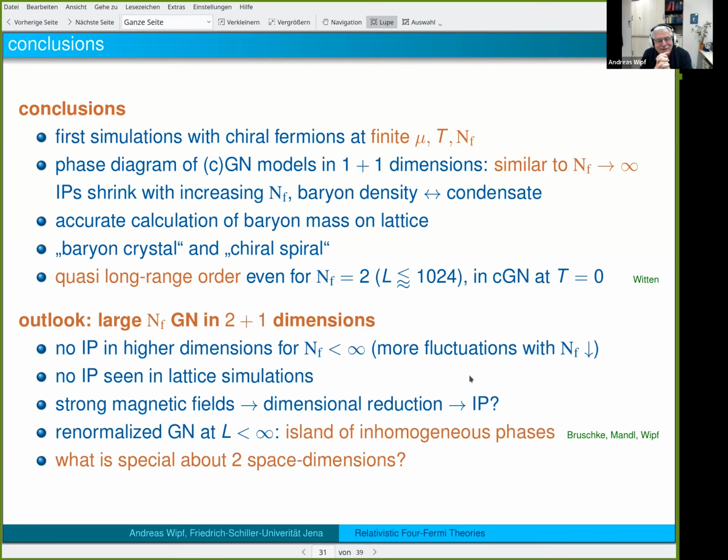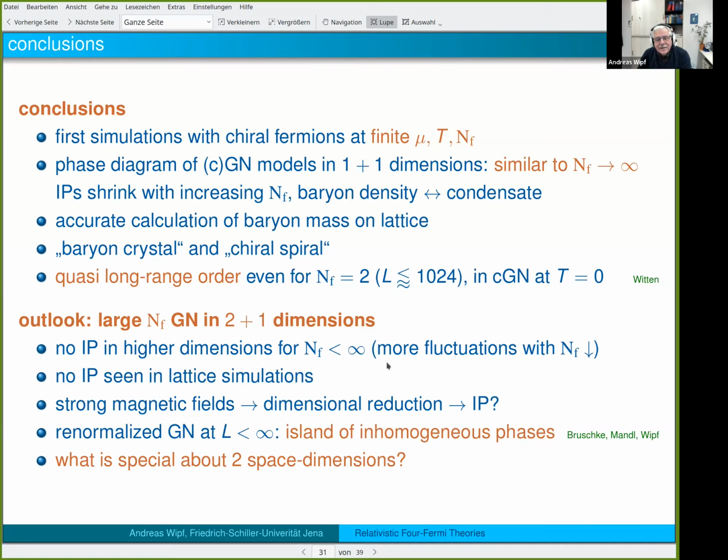That's exactly the dimensions where the inhomogeneous structures go away. There must be something like a generalized Peierls argument, which, as far as I know, is only valid in 1+1 dimensions. This beautiful argument about the Fermi surface, but we just really don't know why 2 space dimensions is so special.